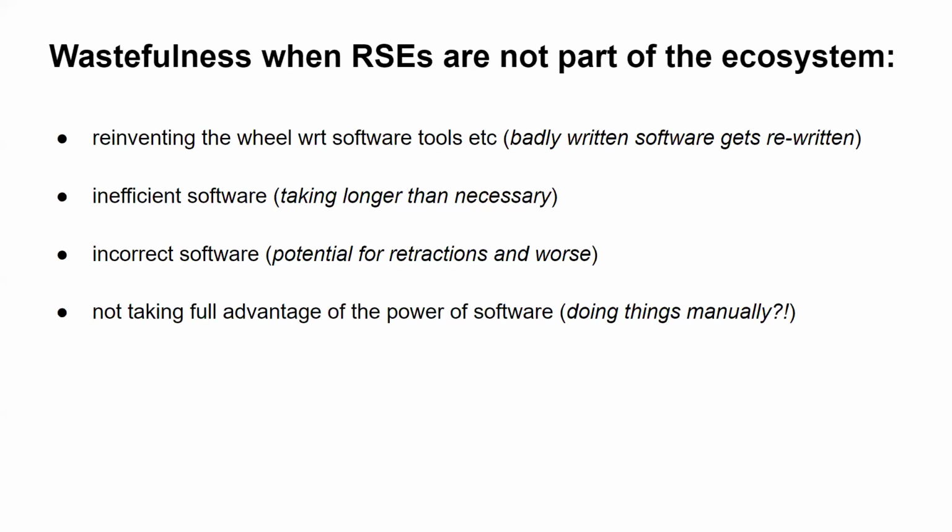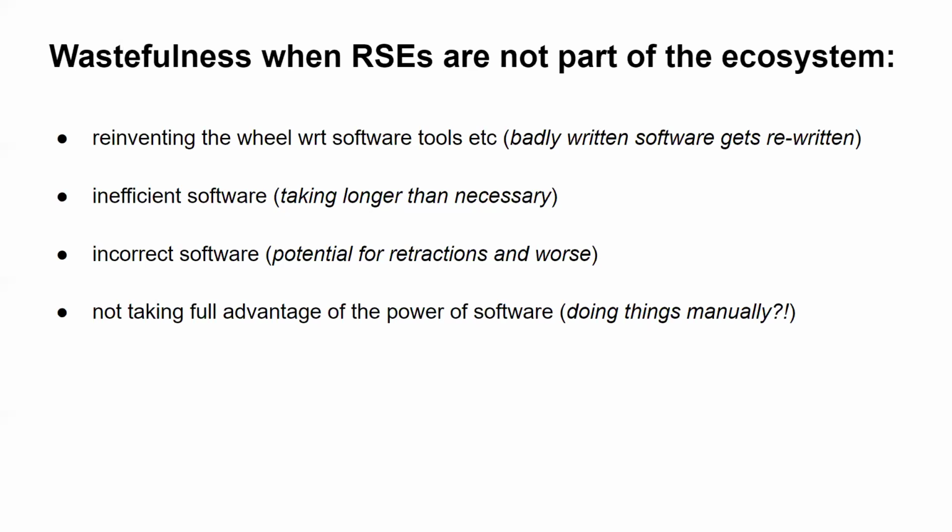So when you have, say, a PhD student or a postdoc who is not given the support to develop themselves into an RSE role, for example, maybe they don't want to become an RSE, but they would benefit from working with an RSE, people like that left to their own devices tend to do the best they can, which is often not really good enough. And then that software, which has taken a lot of time and by extension money to create, at the end of a particular project is probably going to get put in the bin. If it needs to be used again, someone else is probably going to end up trying to rewrite the thing.